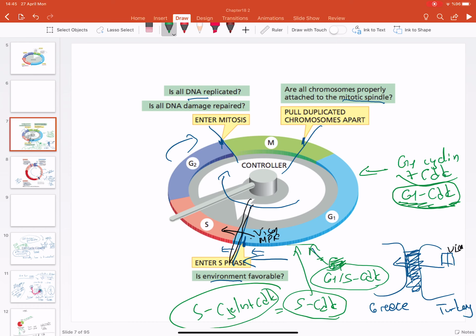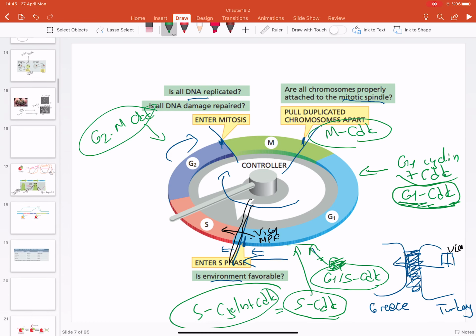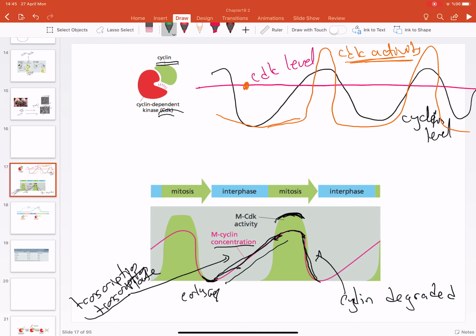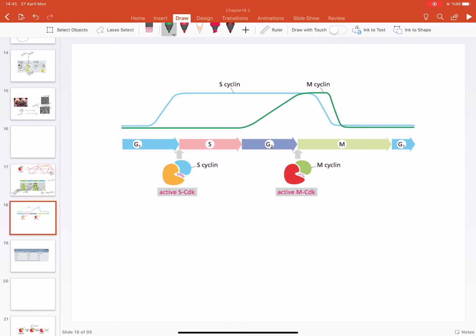And here we see G2/M CDK, and here we see M CDK. So the graph I have shown here is the activity of the M CDK, not the other ones. The other ones have other graphs. For example, here you see a comparison of the S cyclin and M cyclin.